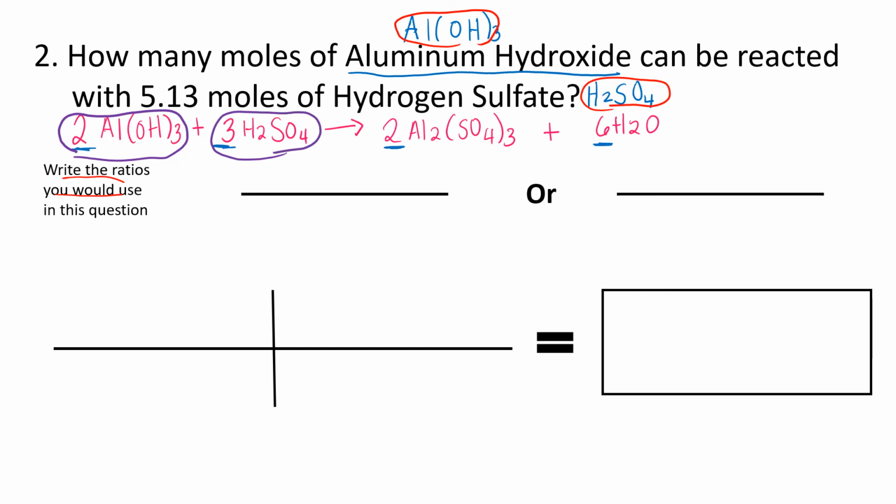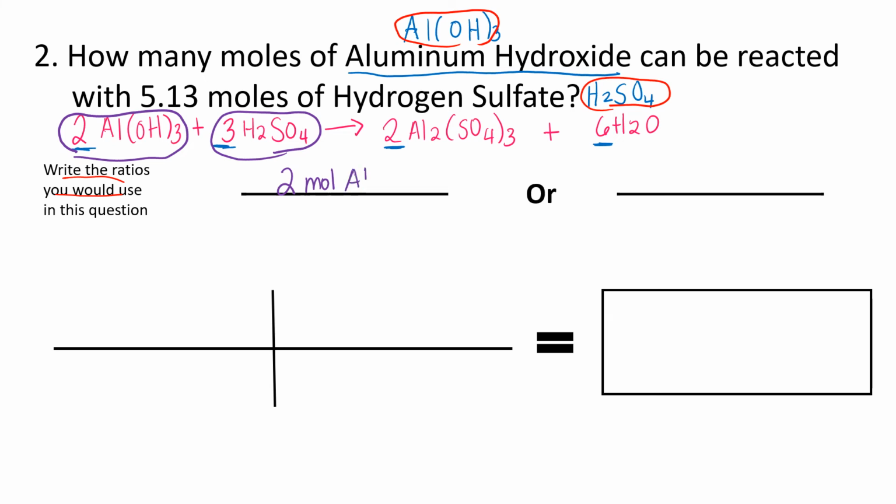Okay, so how do we make a ratio out of this? It's actually pretty simple. Once you figure out which 2 are used in the question, then you put it like a little fraction. So the 2 from the coefficient that you decided would balance it, for aluminum hydroxide, you would write 2 moles. That's the only really different thing you're putting down, is the word mole or the abbreviation for mole.